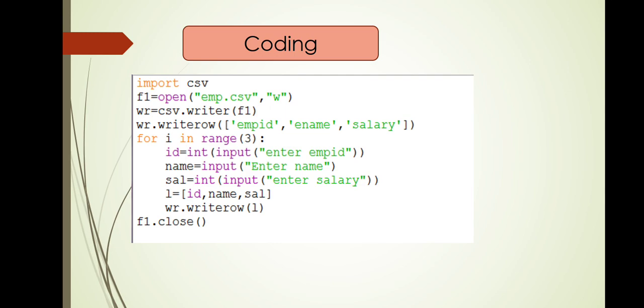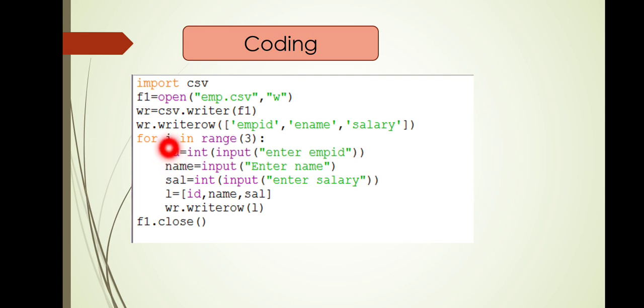Okay, there will be an end of line character. Then I have created the writer object, csv.writer. The file object name is f1 and the writer object name is wr. Now I have attached this writer object to my file emp.csv.